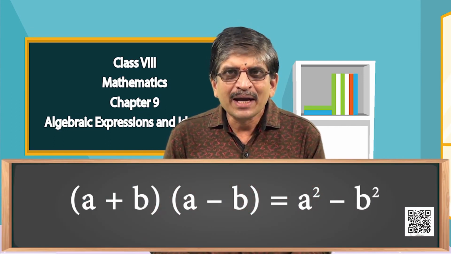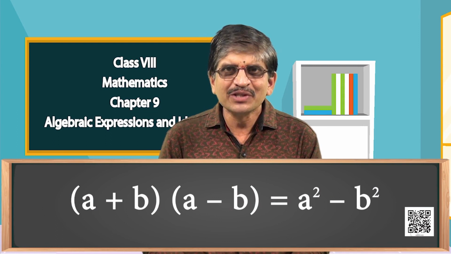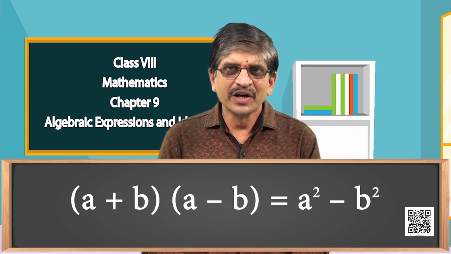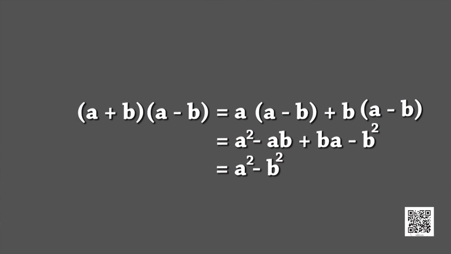We now learn identity 3, that is (a plus b) times (a minus b) is equal to a square minus b square. Are you ready to learn? Good. Consider (a plus b) times (a minus b). (a plus b) times (a minus b) is equal to a times (a minus b) plus b times (a minus b).